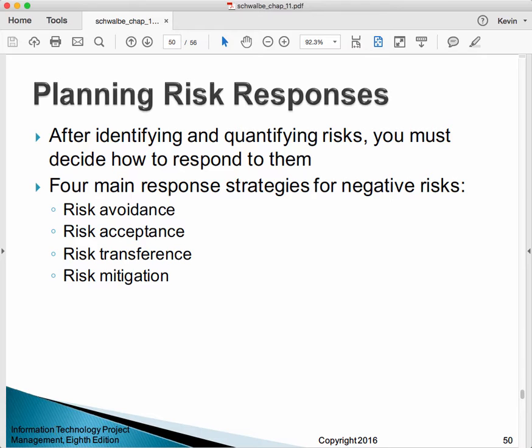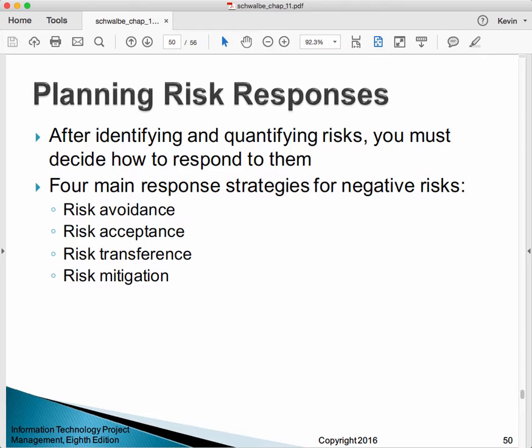And risk mitigation has to do with trying to lower the impact of the risk should it occur. So we realize it could occur. It could have $100,000 impact. It could have $1 million impact.